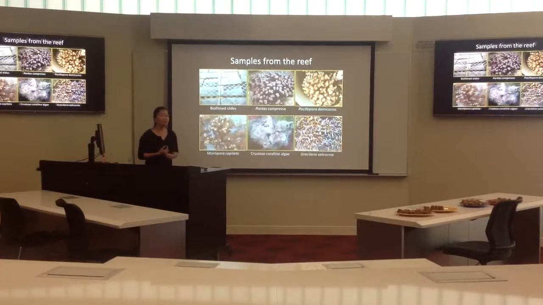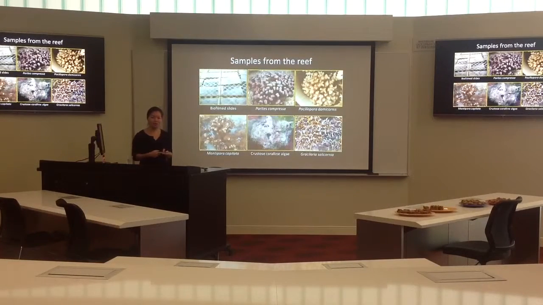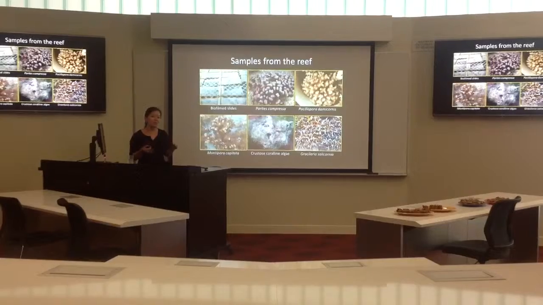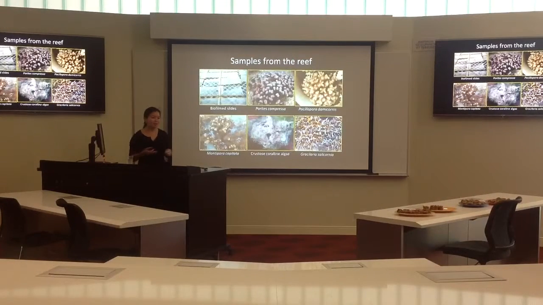And the biofilms were either scraped off of these surfaces or vortexed off of these surfaces and into 1 ml of sterile filtered seawater. And then I would make monospecific biofilms from those. And by monospecific, I mean that they get poured into a dish, and the dish is left to stand for an hour for the bacterial cells to attach to the bottom of that dish.